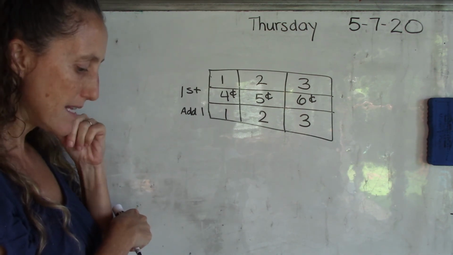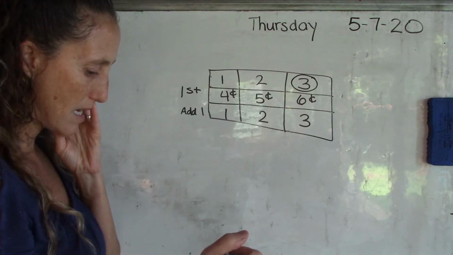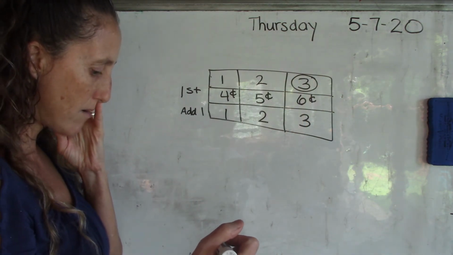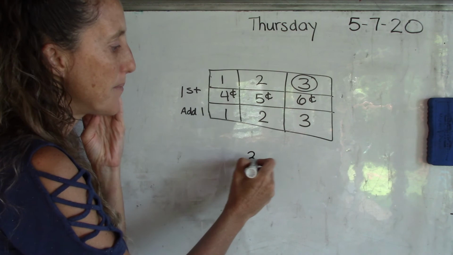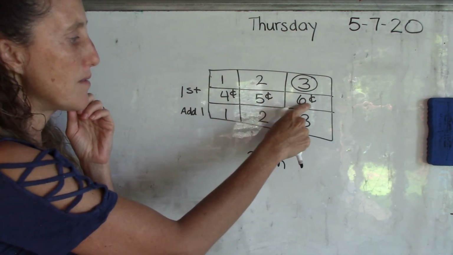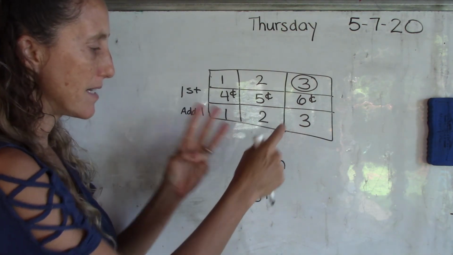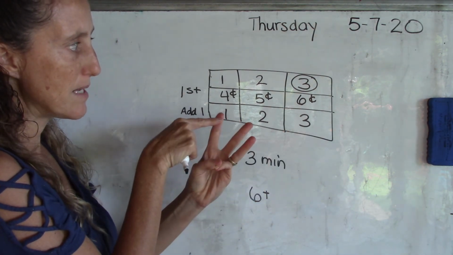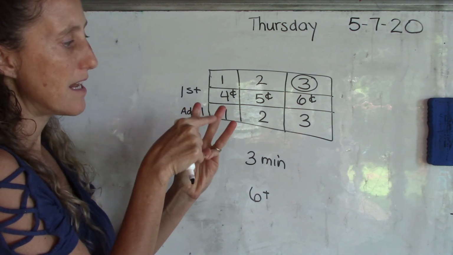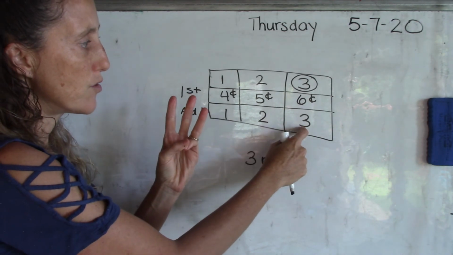So let's say that I made a call to area 3, and I made a 3-minute call. How much did that cost me? My first minute was 6 cents, and I did 3 minutes. So the first minute was 6 cents, then I had 2 more minutes, and each one of those minutes was 3 cents.